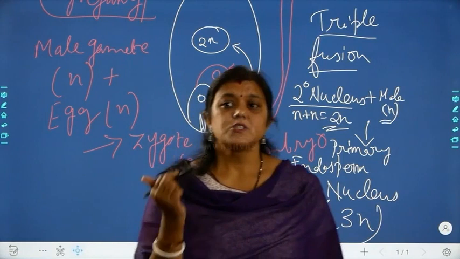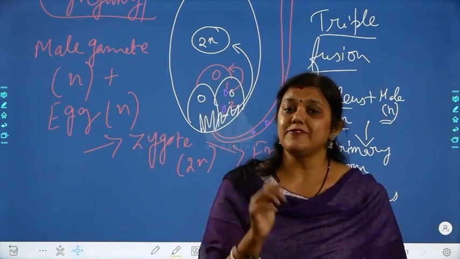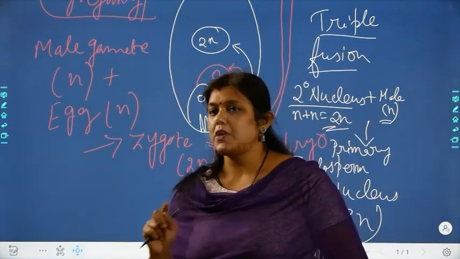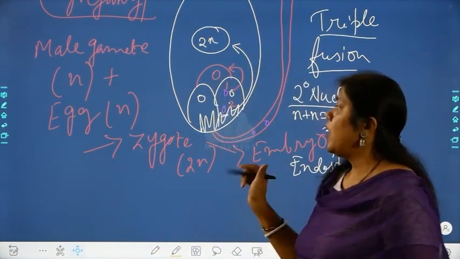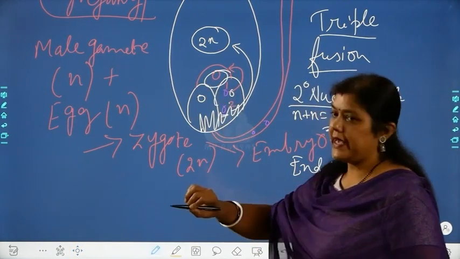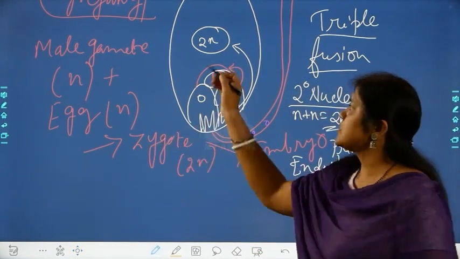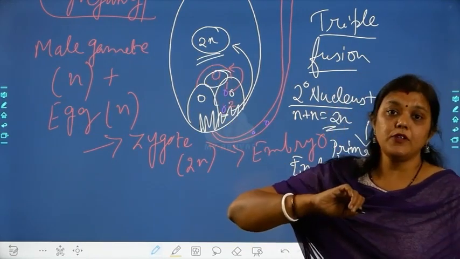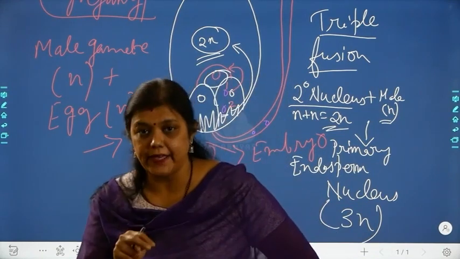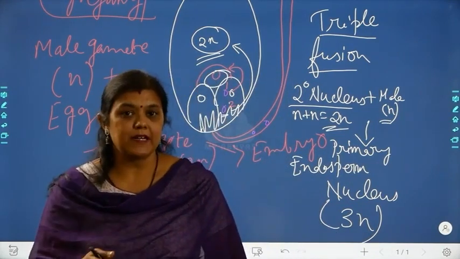Did you understand? So what is happening? Can you see that fertilization is happening one more time? Why? Because the first male gamete has fertilized the egg, and the second male gamete has gone and fertilized the polar nuclei. As the fertilization process happens twice, we call it double fertilization.